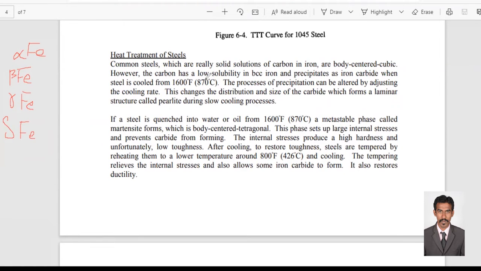Suppose metal A and metal B need to mix to form a kind of alloy C. If I consider this as the alloy C, maybe these blue particles are metal A and these green particles are metal B, possibly. So these need to mix together.